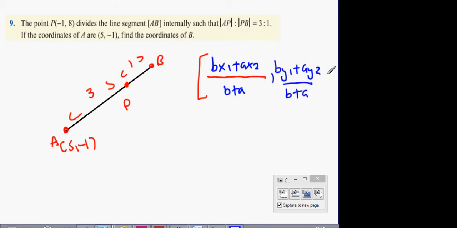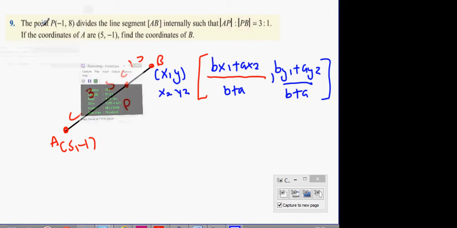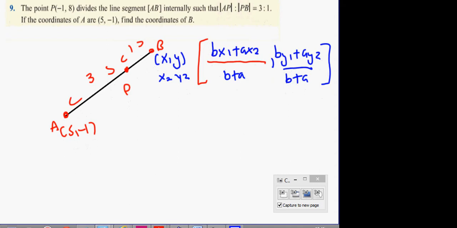Now guys, it doesn't matter, just make a list and stick to it. Okay, the coordinates of B are going to be, give it a letter, X and Y. So we're going to make a list, okay?